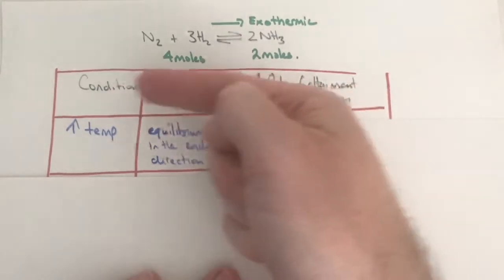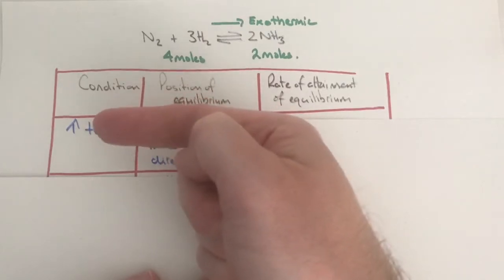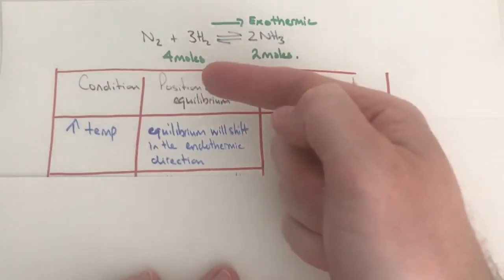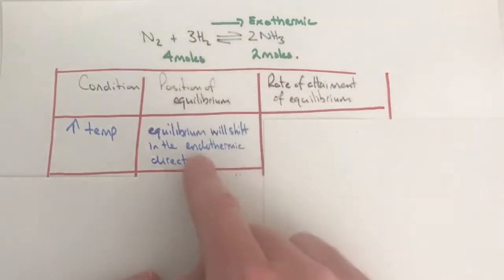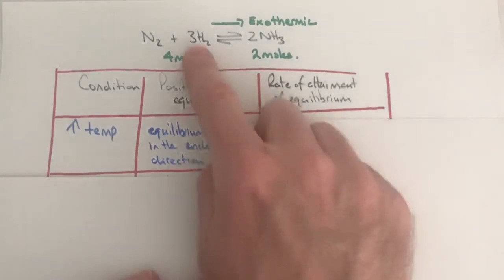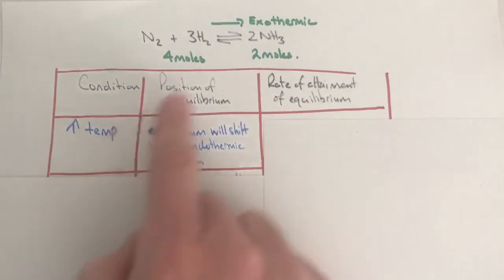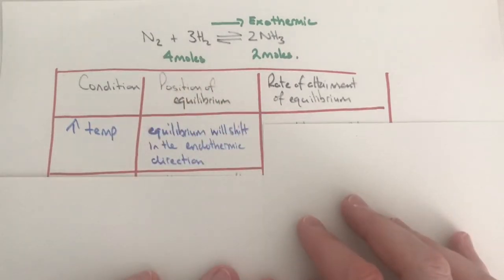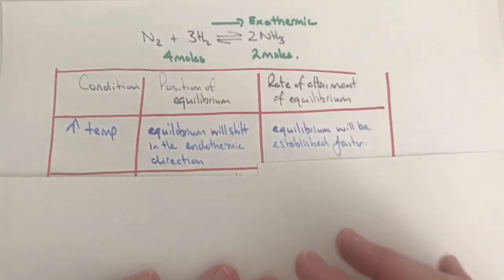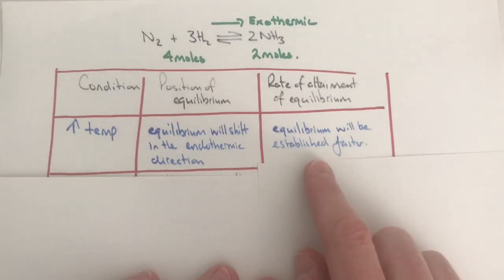So that's going to be working in this direction. So the position is going to go to the left, or to the endothermic side in this case. The attainment of this, how quickly this is set up: whenever we increase temperature, we will cause this equilibrium to be established in a far shorter time. So it'll be established faster.